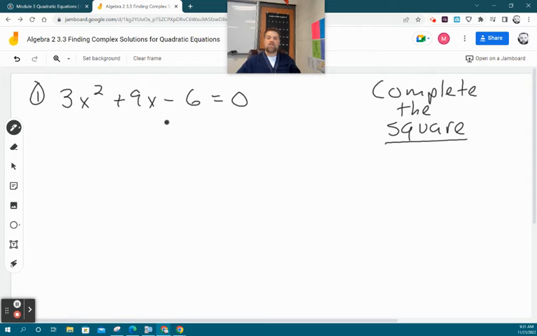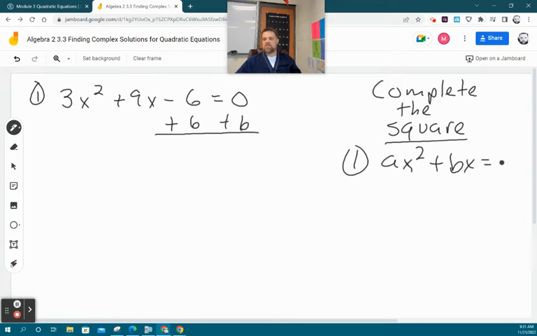So the first thing that you would do is move the c. So I'm going to add 6 to both sides. So step 1, we're going to make it look like ax squared plus bx is equal to negative c. So I've got 3x squared plus 9x is equal to positive 6.